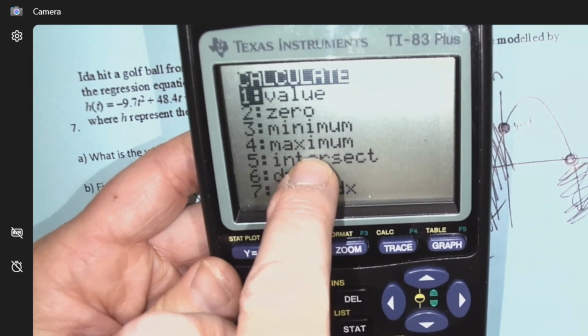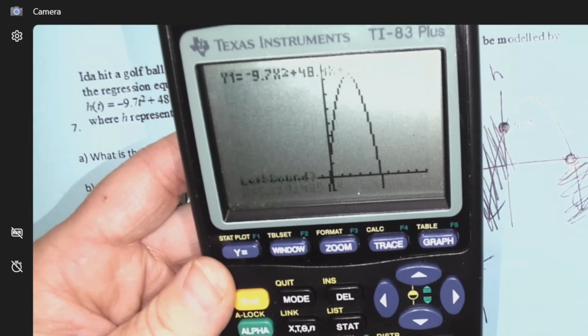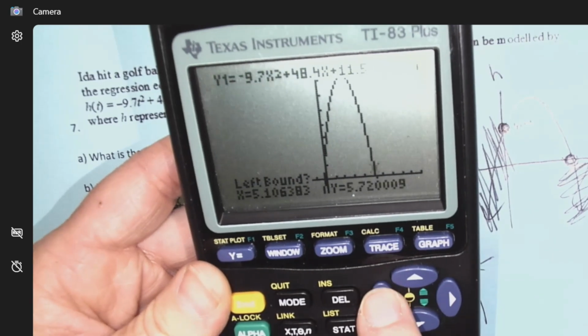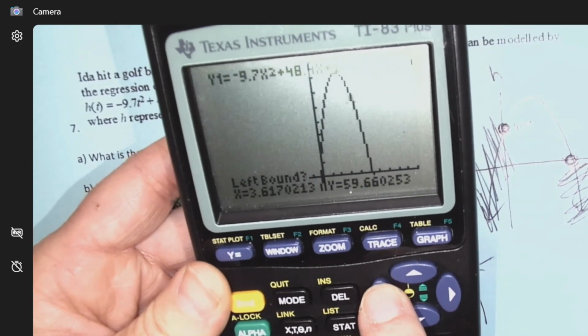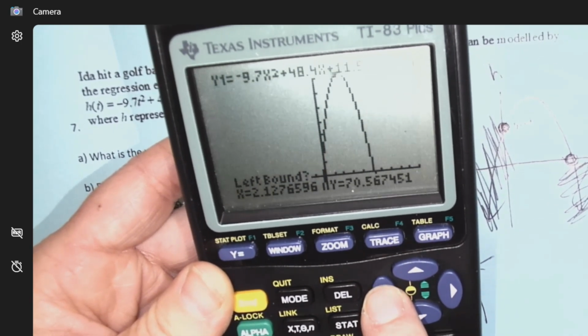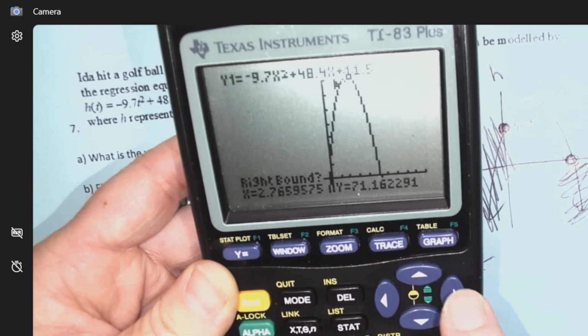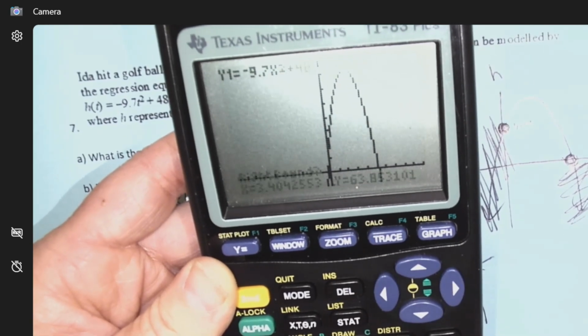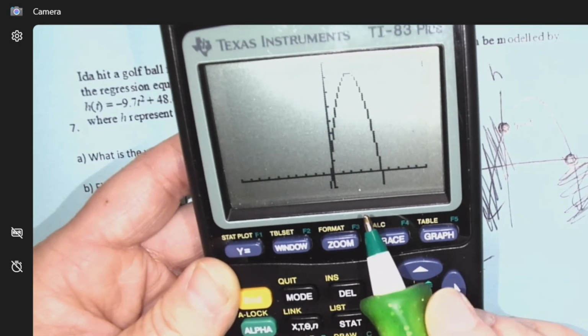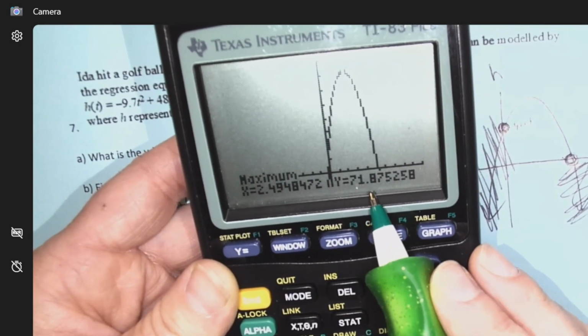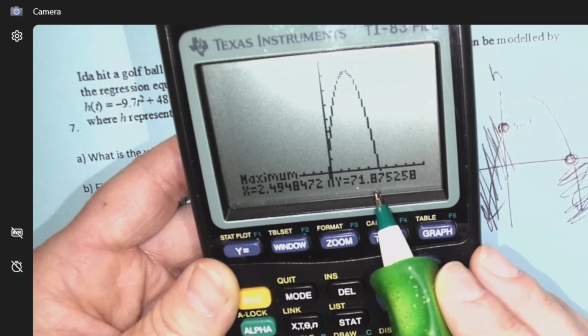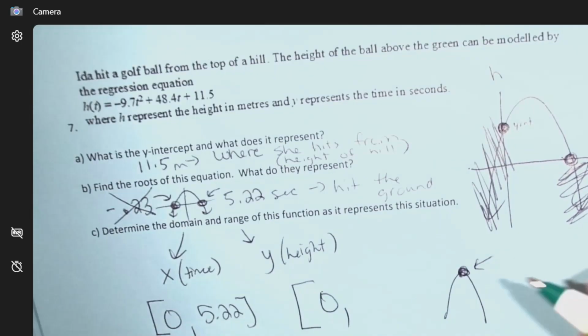I'm going to try to figure out the max. Left. There's my mouse. I'm going to move it to this side. Good. Enter this side. Enter. So this part, this is the height. 71.88.